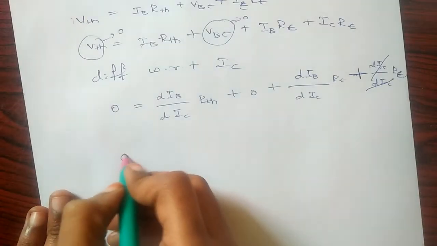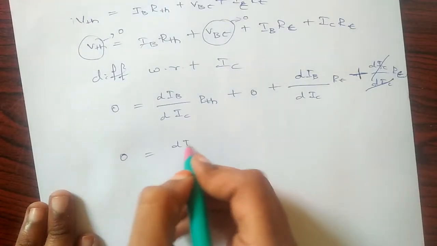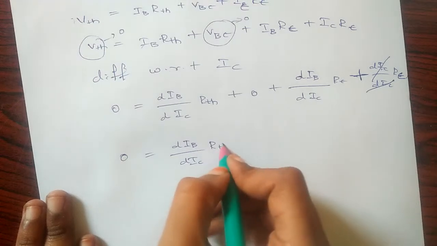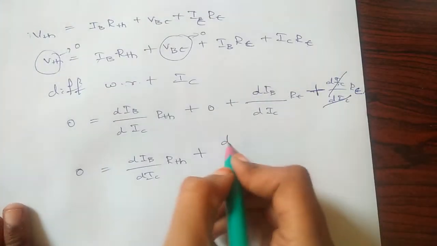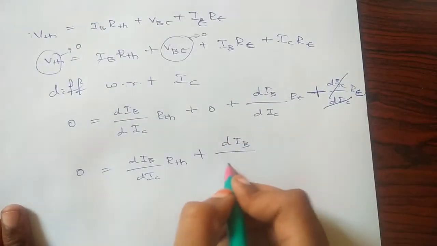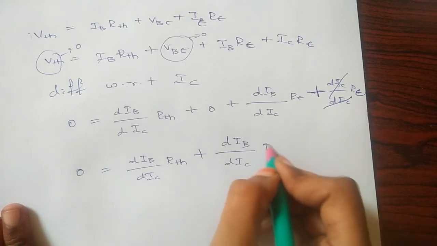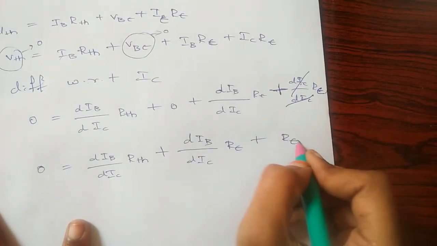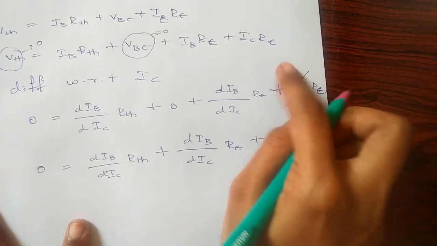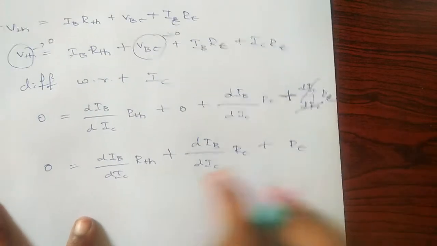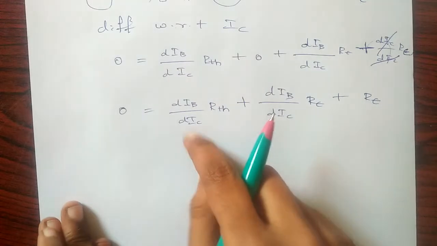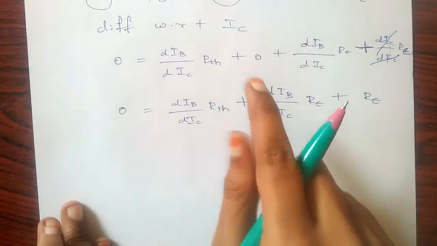Then we get 0 is equal to dIB/dIC into RTH plus dIB/dIC into RE plus RE, as the term is 1 into something is that something, that is RE. So I would like to find dIB by dIC, isn't it?